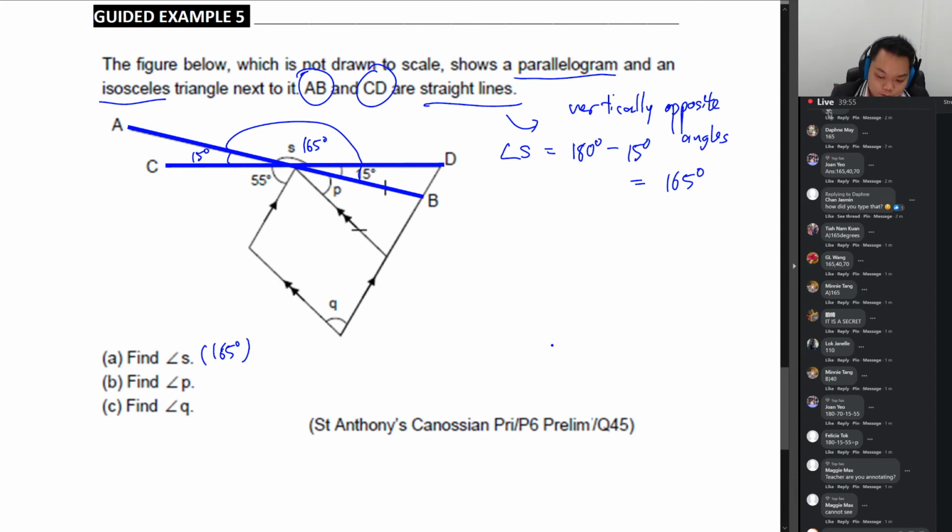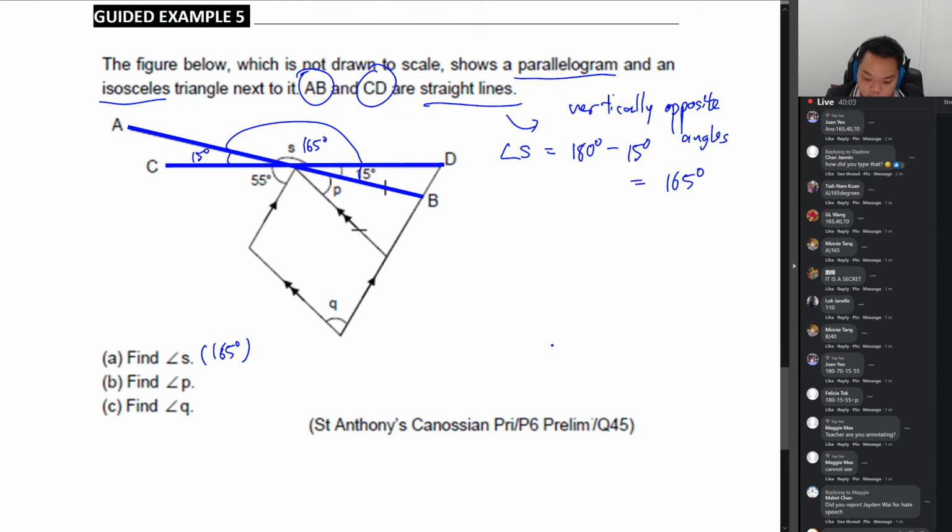So here I want to make use of a few beautiful properties of the parallel lines. Okay, you notice that these and these are parallel, right?